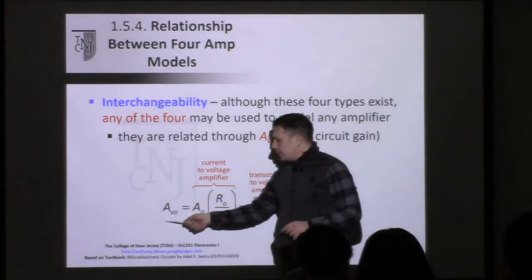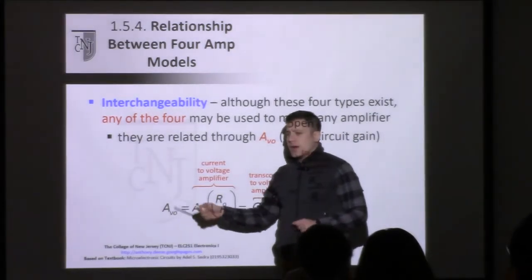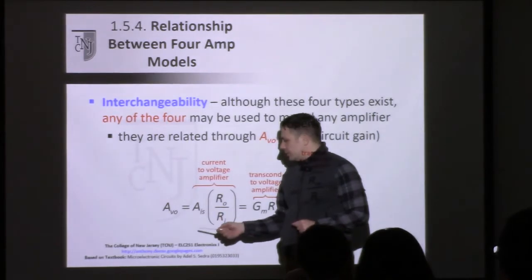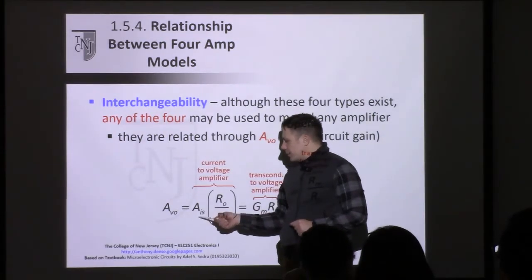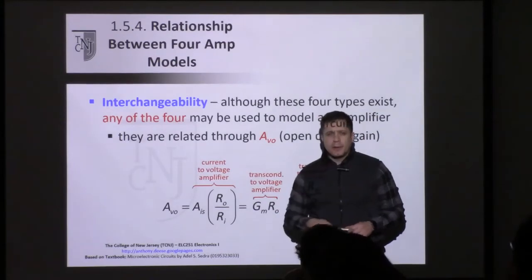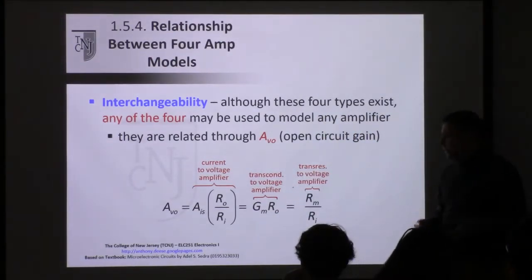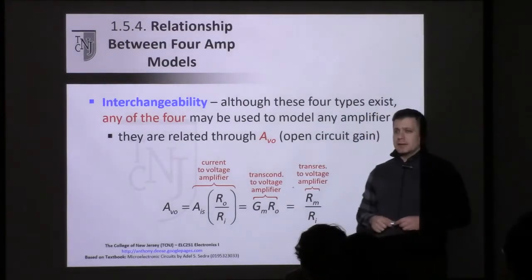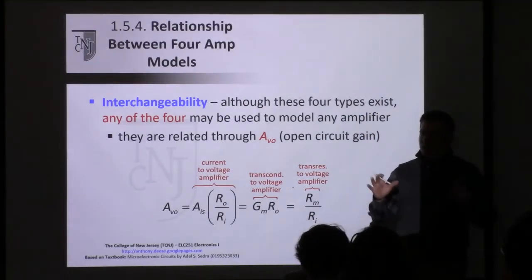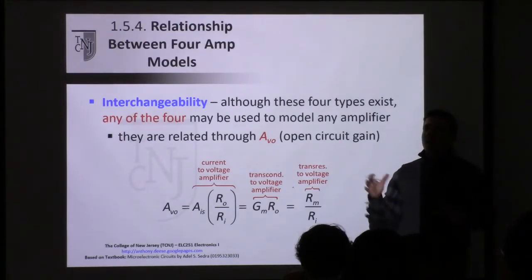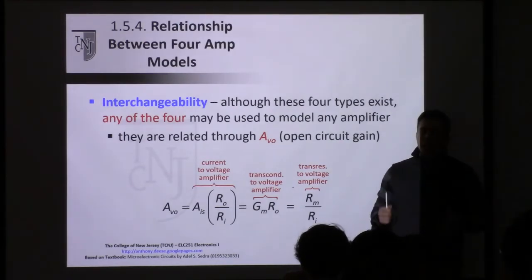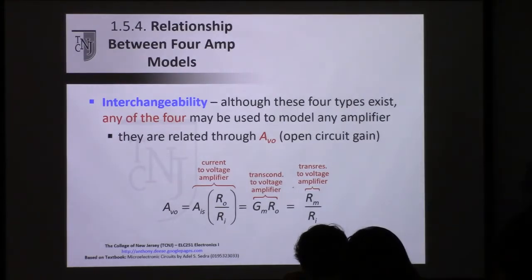And so the gain for the voltage amplifier is equal to the gain for the current amplifier times the ratio of the output and input resistances to one another. And you could do something similar for all the rest of these different cases. So that math is just a really simple, basic overview of how we would do that interchangeability. It's all based on this idea of Thevenin to Norton conversion combined with going back and forth between V in and I in at the input.